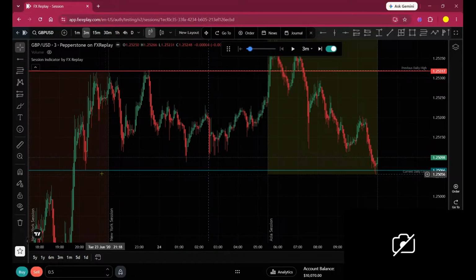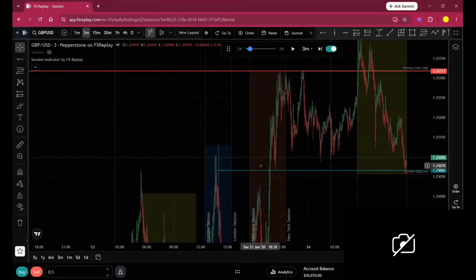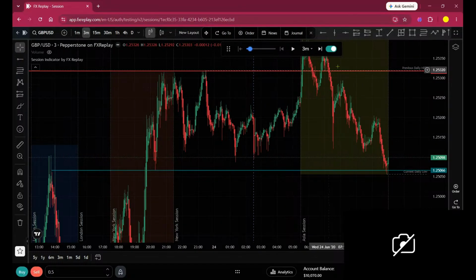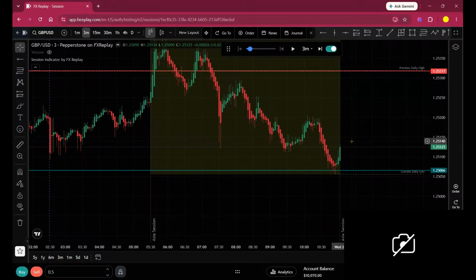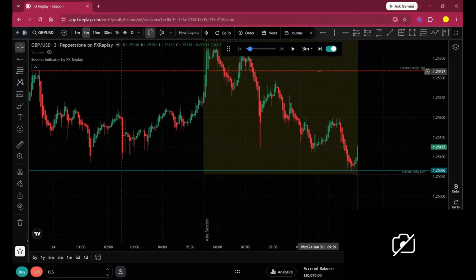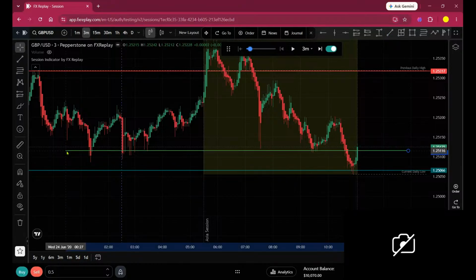Now, as it swept the liquidity, the market came down in this frame. Okay, let's wait for this candle, and if you see from here, the market will either go up from this level or go up from that level.